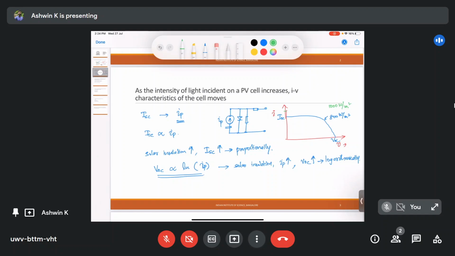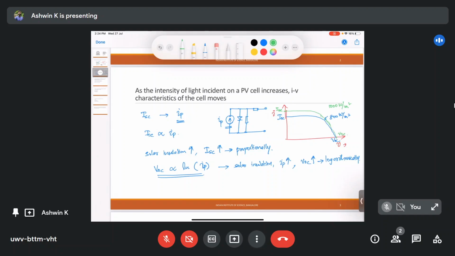But the increase in the VOC would definitely be less as compared to ISC, because VOC would increase logarithmically. So let's say we have a logarithmic increase in the VOC as indicated by this curve.